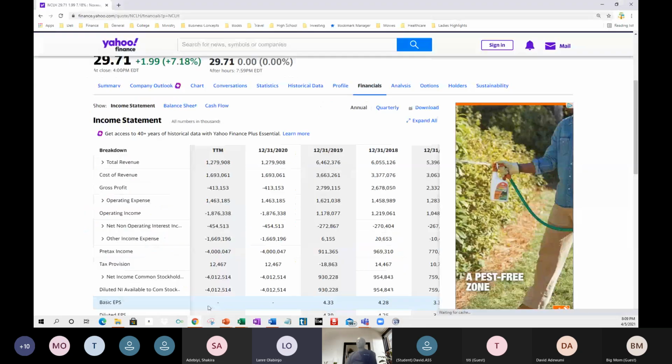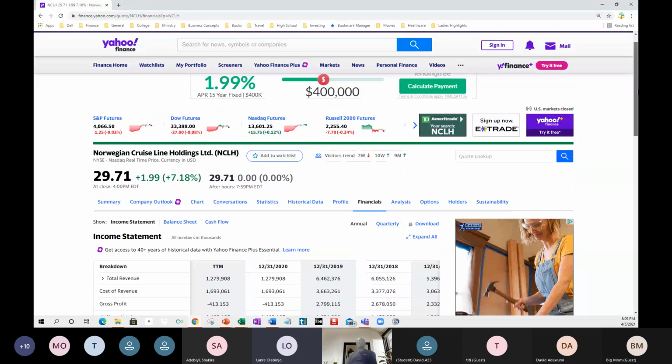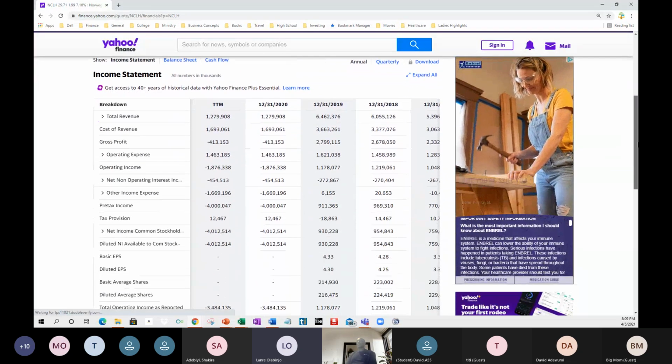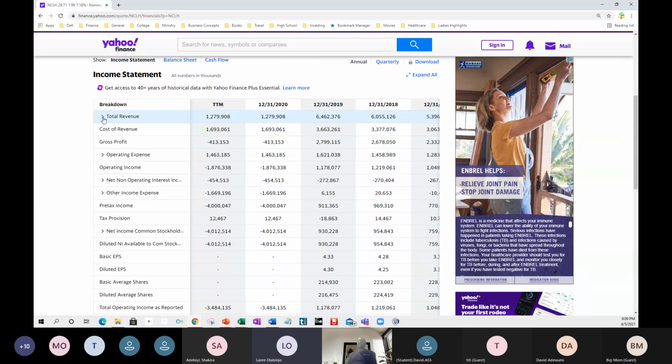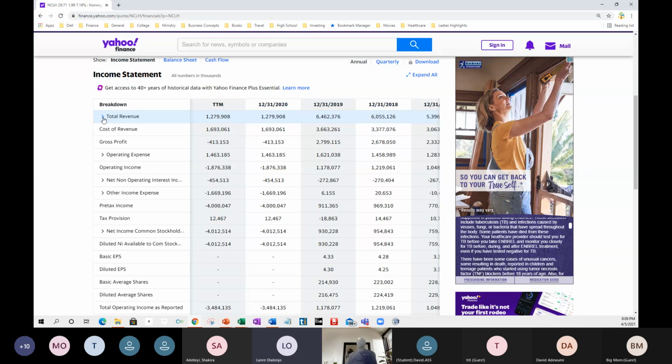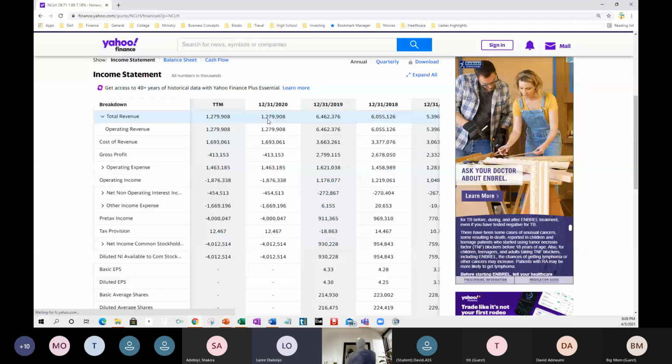So where do you find that number? We'll go back to our example that we're looking at. This is Norwegian Cruise Line. The total revenue, in accounting terms, is also referred to as the sales of the company. Sales, in this case, let's look at the end of last year. Sales of 1.3 billion.